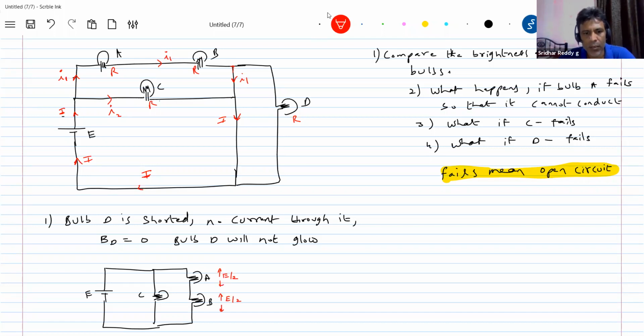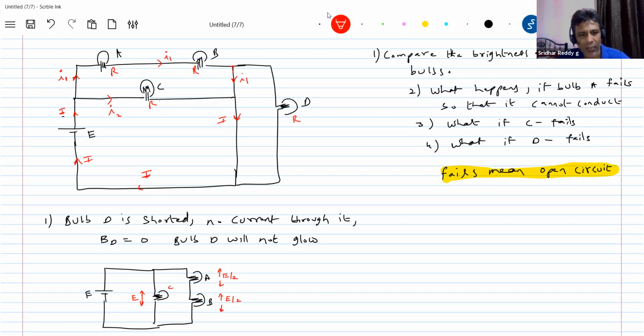Any formula for this? Potential difference formula? Now come to power dissipated. The power dissipated formula is what?